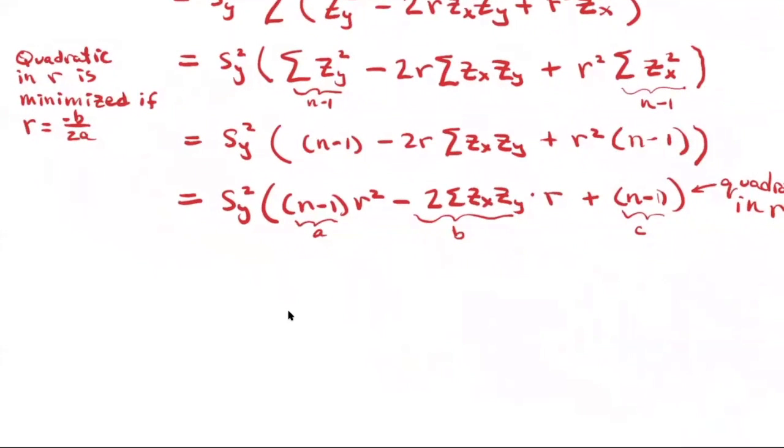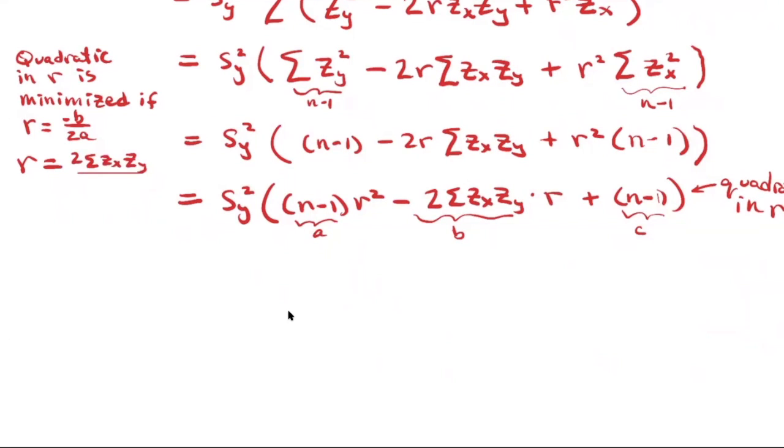So the negative of b, notice it's got a minus sign in front already for the b, right here. So the negative of that will drop the minus sign. So you'll just get 2 sum of zx, zy over 2a.